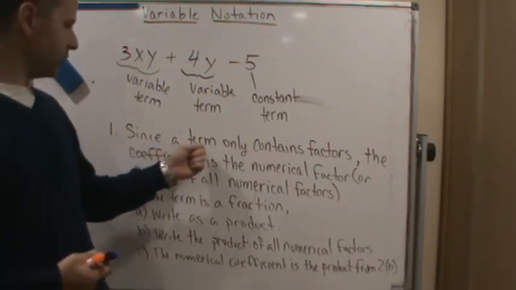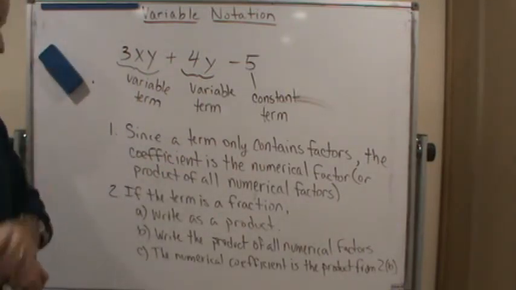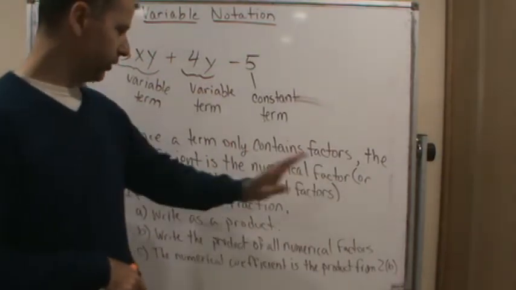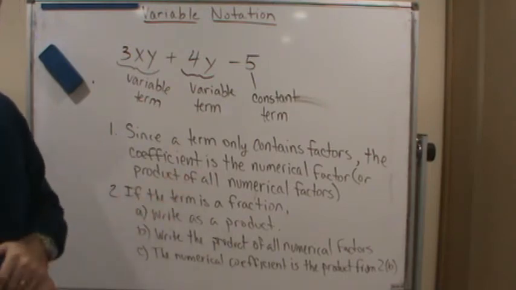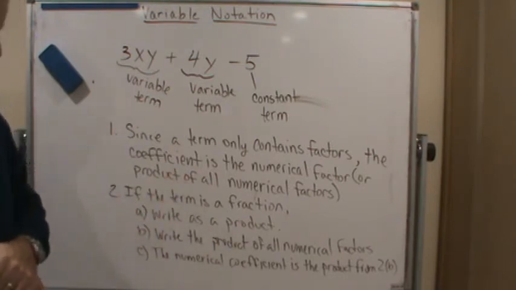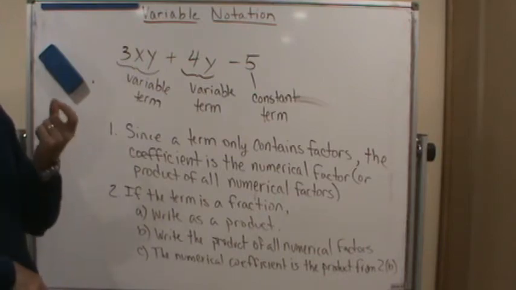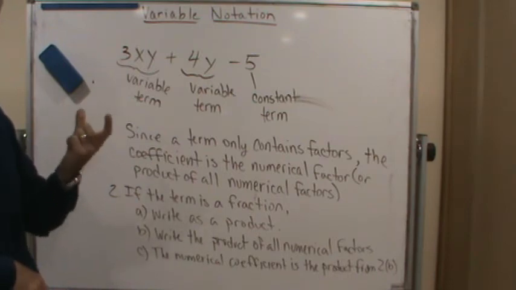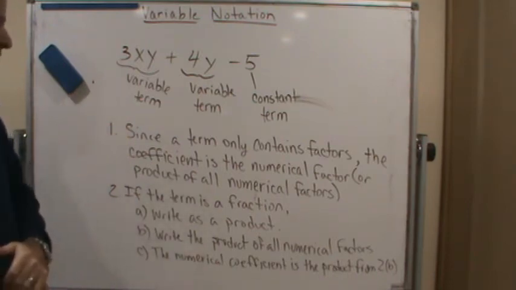Since a term only contains factors, a product, then the numerical factor, or the product of the numerical factors, is going to be your numerical coefficient. So again, it's just the numerical part, the numerical factor, or the product of all of the numerical factors together that gives you the numerical coefficient.